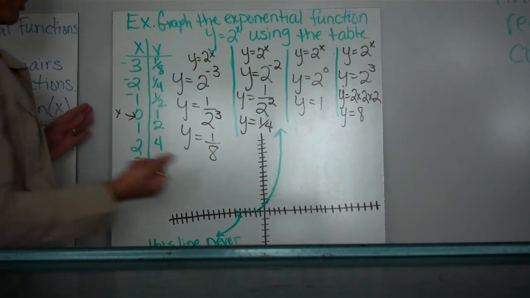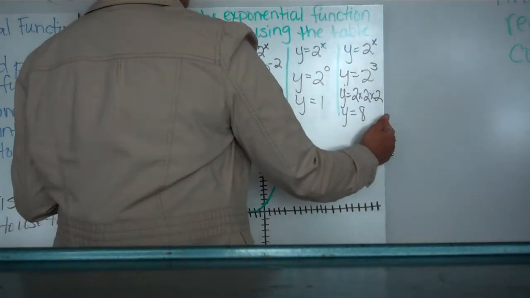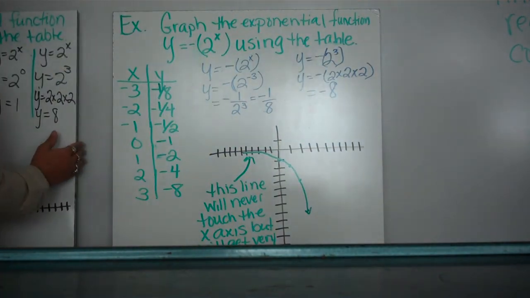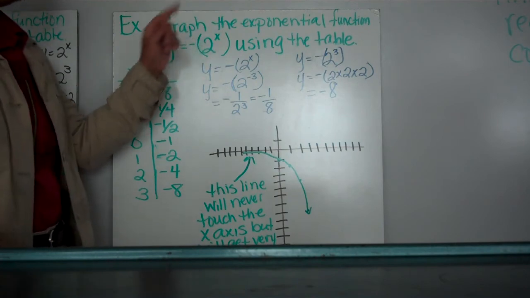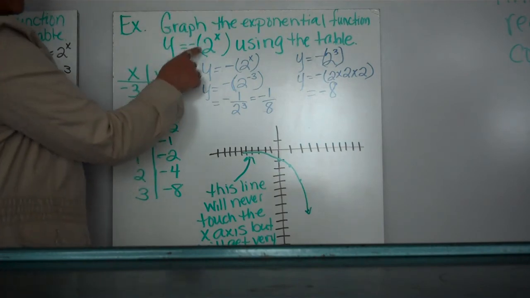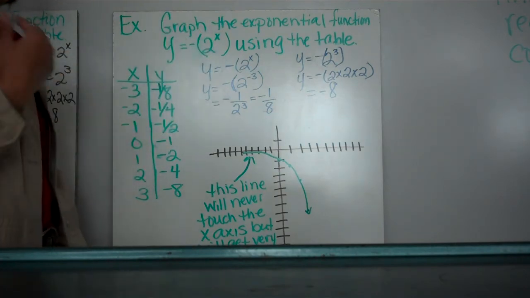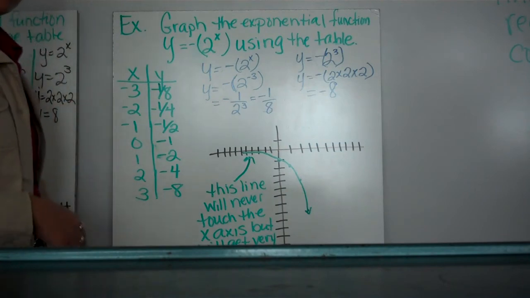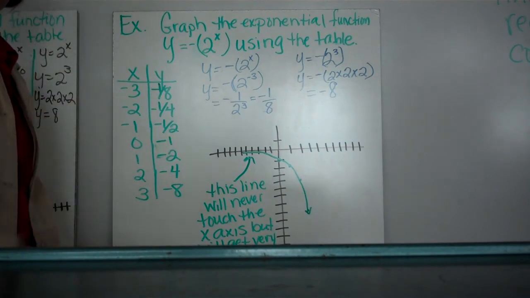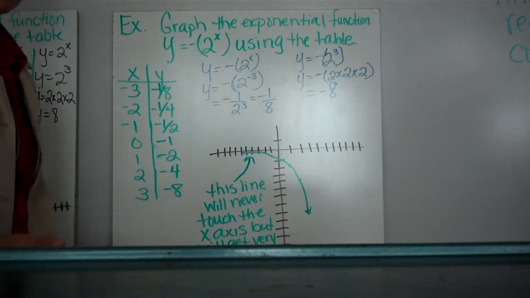Now, if you do the opposite of this function, which would be y equals -2 to the x power, then everything will be the opposite, meaning if it was positive, it will become negative, and if it was negative, it will become positive.